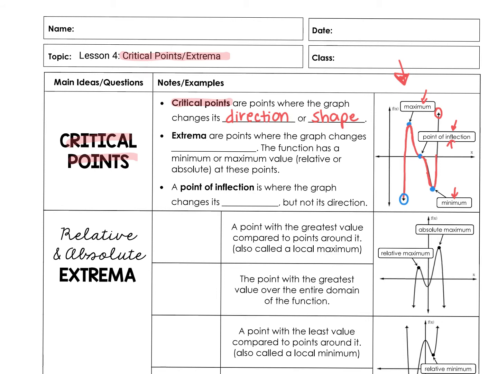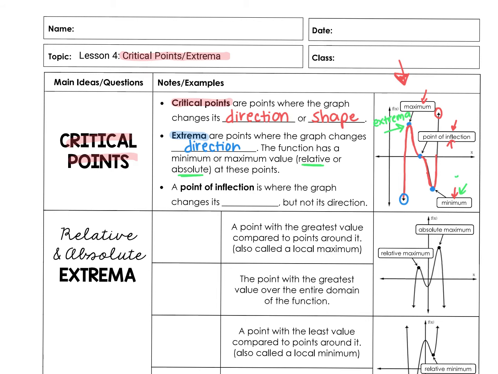All right, let's look at extrema. Extrema are points where the graph changes direction. The function has a minimum or maximum value, relative or absolute, at these points. So here, this point would be considered an extrema because it's a maximum point. In just a minute, we're going to look at what relative and absolute maximum or minimum means.